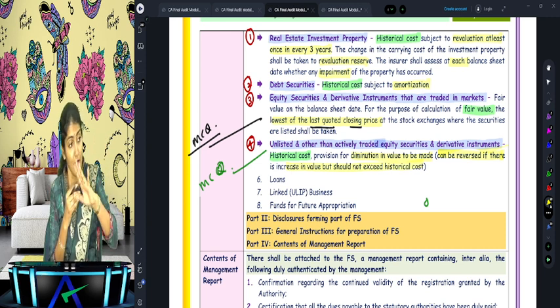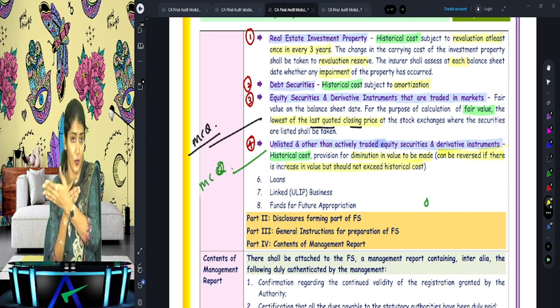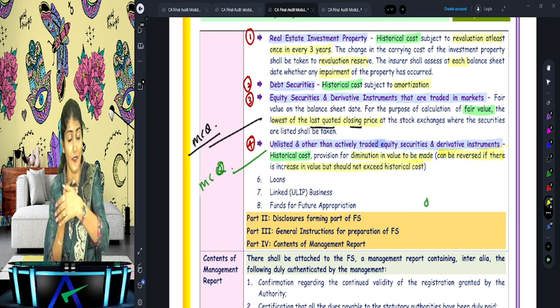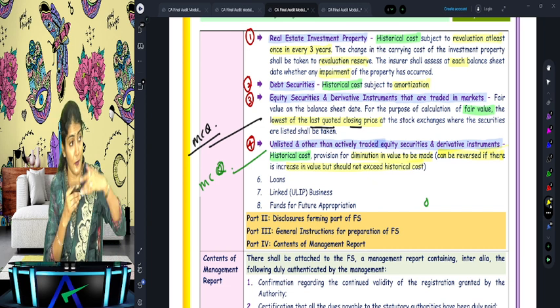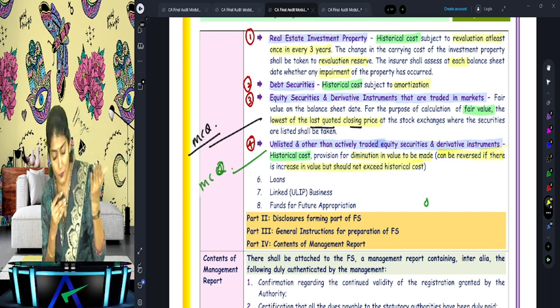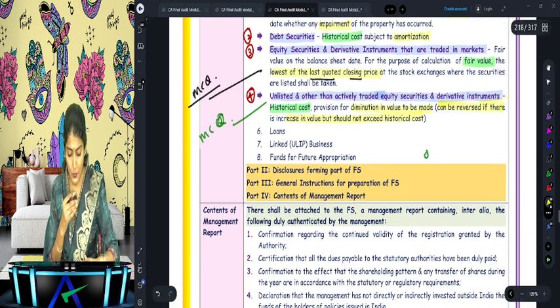Then historical cost subject to the amortization. Then fair value at the lowest of the last quoted closing price, right? Then after that, the historical cost for the other than actively traded, provision for diminution to be done. It can be reversed, but it should not exceed the historical cost. Are you all able to follow this? Everyone, are you all with me?